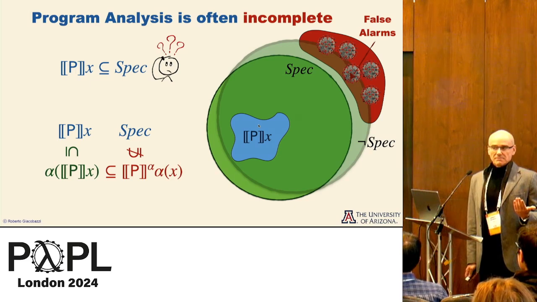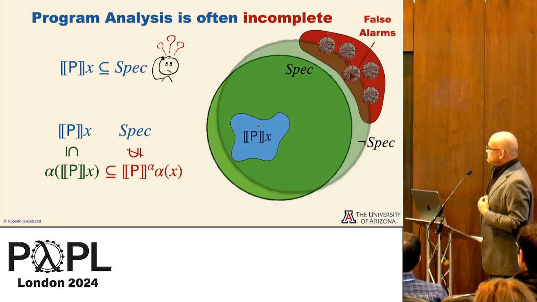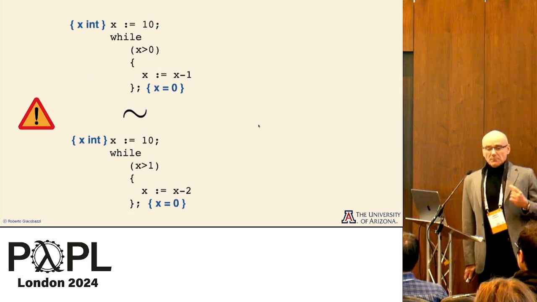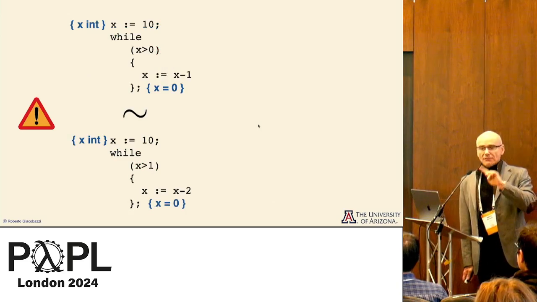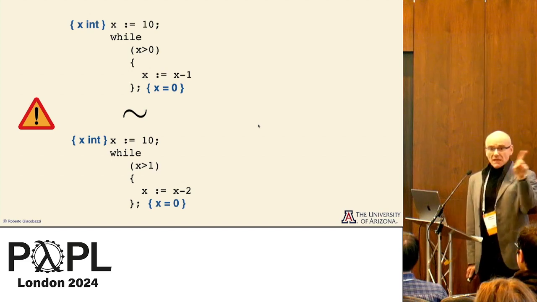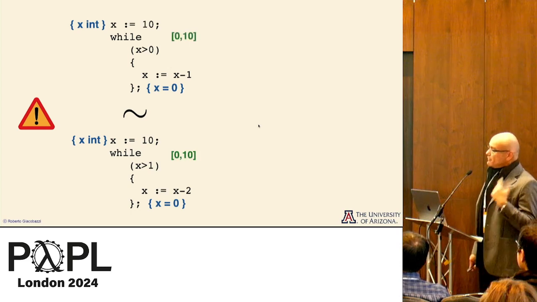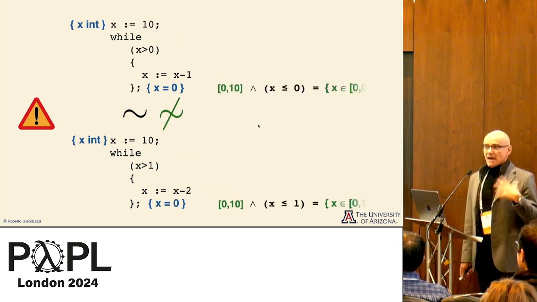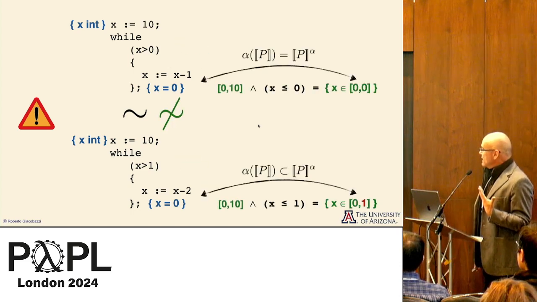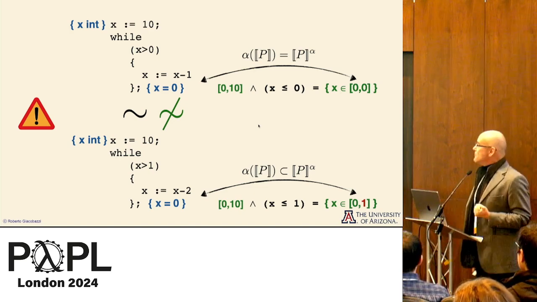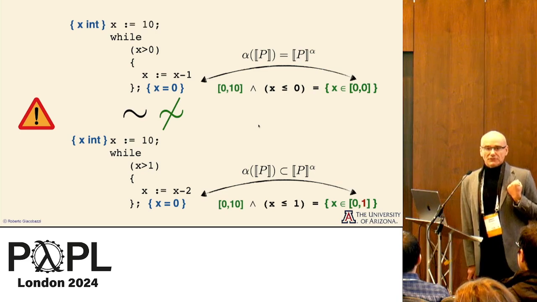Good. So program analysis is typically very sensitive to how you write code. For instance, these two programs are equivalent, but if you compute the invariant in the abstract domain of intervals, you get two different results. So equivalent programs may be seen as different from the analysis point of view.